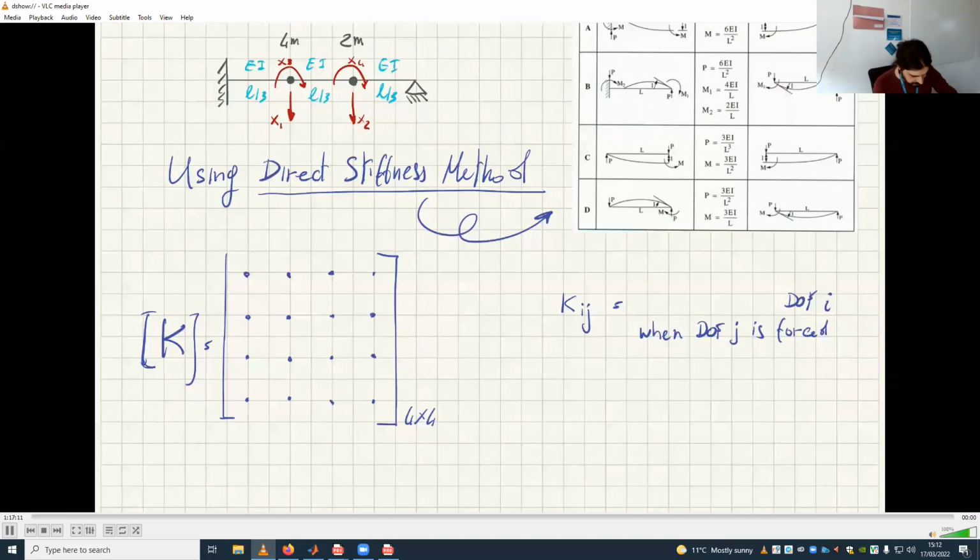I was thinking about this, the stiffness measure. This is the force in degree of freedom i when degree of freedom j is displaced by unity. Apologies. Because K is a stiffness, it's not a force.